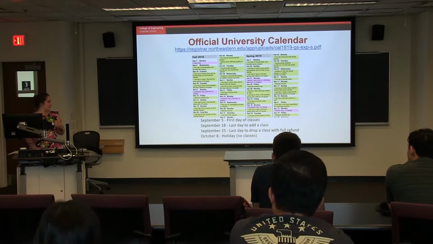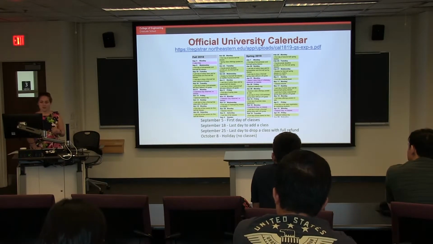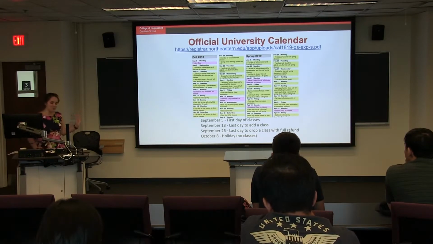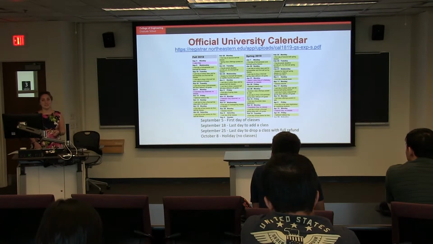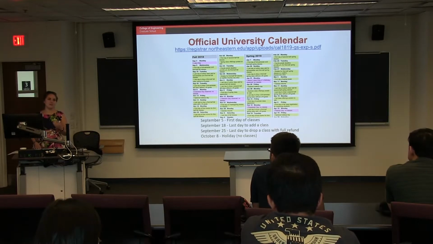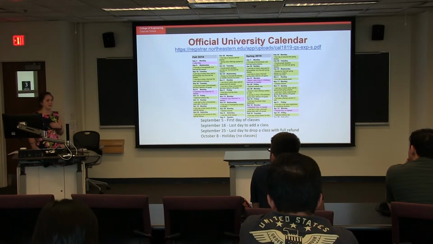As I mentioned, the university calendar is an important thing to also have. I have 4 dates listed, but 2 to be aware of are September 5th, the first day of classes, and September 18th, the last day to add classes. So after this session, if you're considering, is this the class that I actually want to be enrolled in? Do I maybe want it?